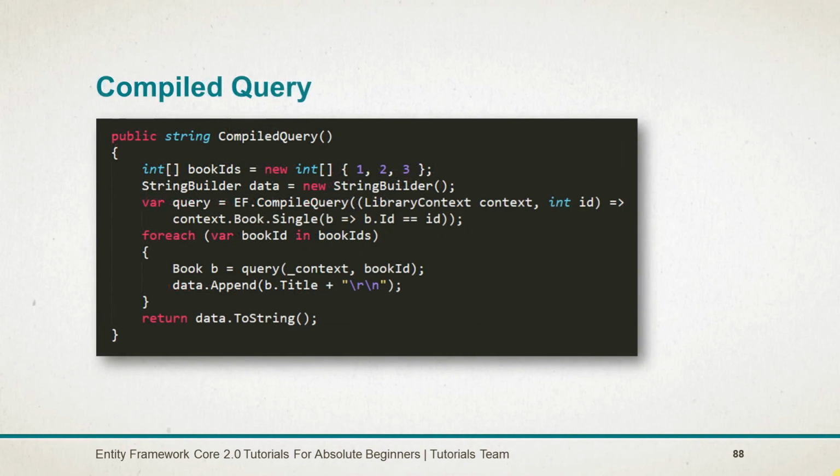Instead of calling the single method every time in the foreach loop, we have created it outside the loop. To create the compiled query, we need to use EF.CompileQuery and pass the expression. Here in the expression, I am passing the context and the ID that we want to retrieve, and by using it, we will retrieve the book.